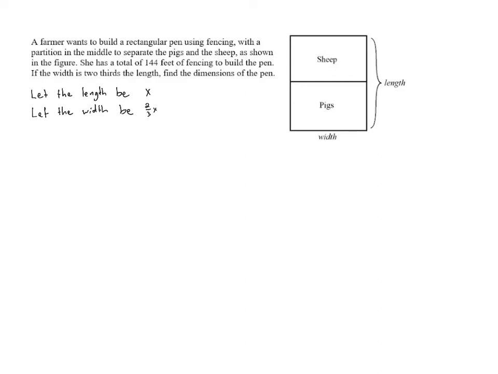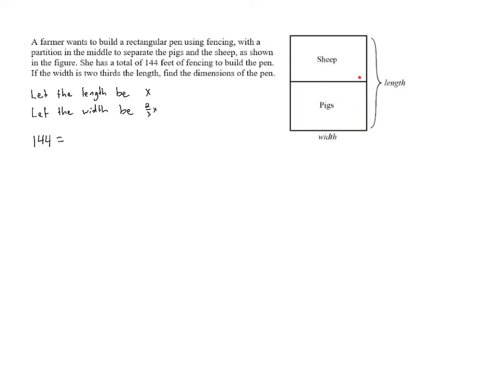All right. We need to write an equation that models the situation. Now we're told she has a total of 144 feet of fencing, but that's not the perimeter here. It's going to be the perimeter and then also an extra width for that partition in the middle. So that 144 feet of fencing is not going to be twice the length and twice the width.